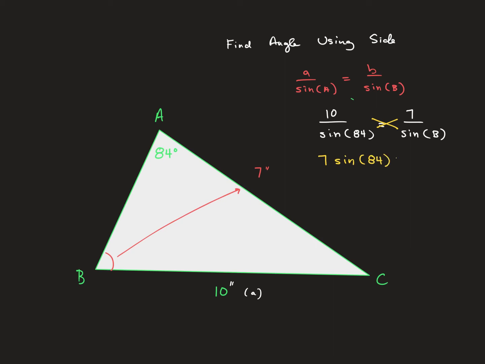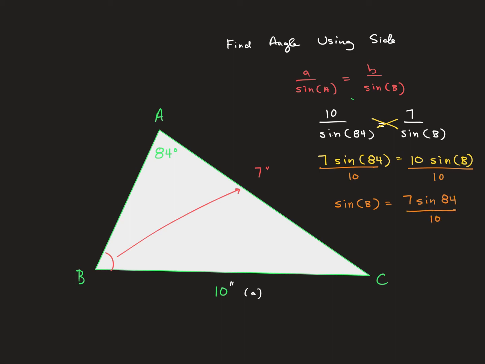Now it's important first to get this 10 out of here, because we're going to have to use the inverse of sine. In which we would have sine B is equal to 7 sine 84 over 10.